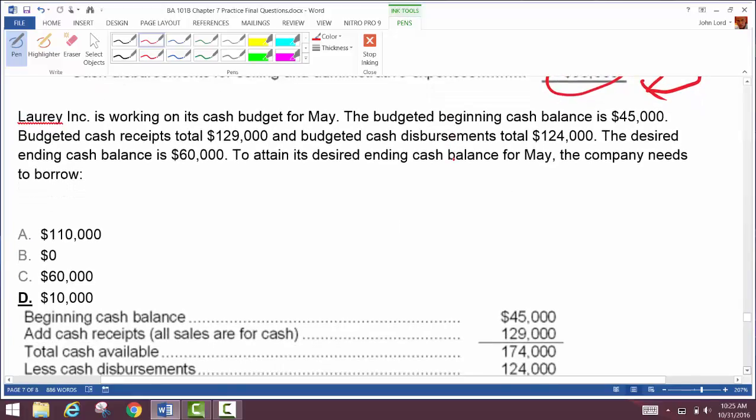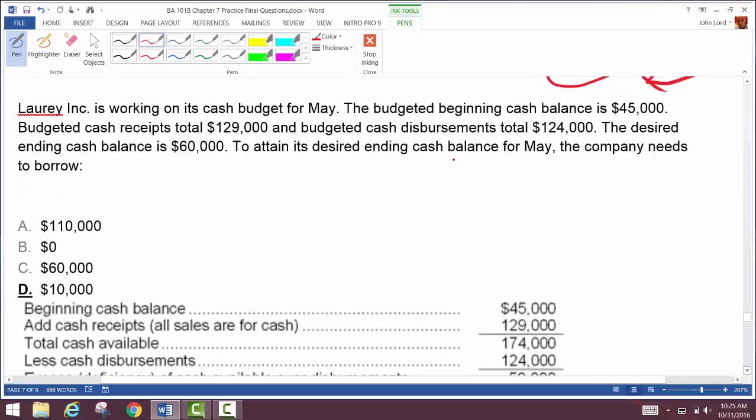Okay, so what do we got here? Now we're getting interesting. They want to figure out how much the company needs to borrow here, right? So it must be that they're going to compare their cash receipts to the cash disbursements.